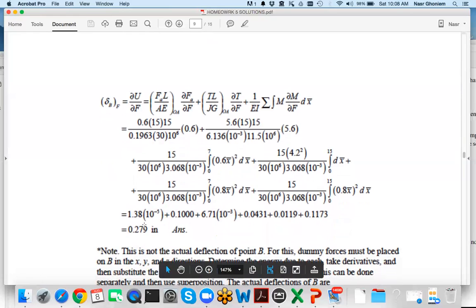So the bottom line here, I go through this very quickly just to mention that, number one, you can choose the coordinate in any direction that you want, from any end, as long as you keep track of that. Number two, if the forces, moments, or torques are not dependent on the distance, then you don't have to do integration, you just multiply by the length L. Number three, the displacement is only in the direction of the force.